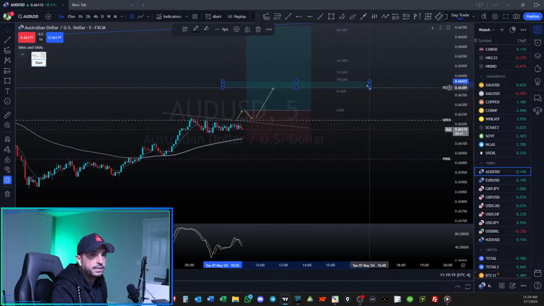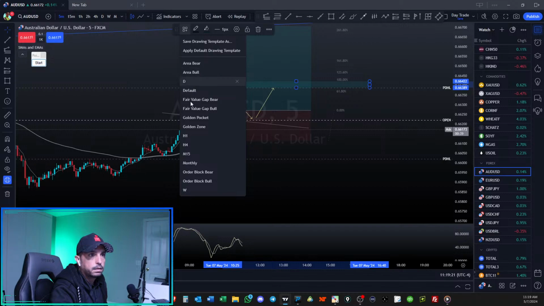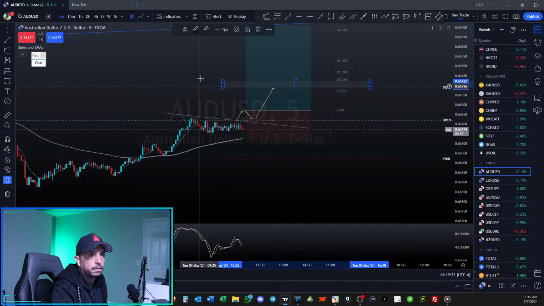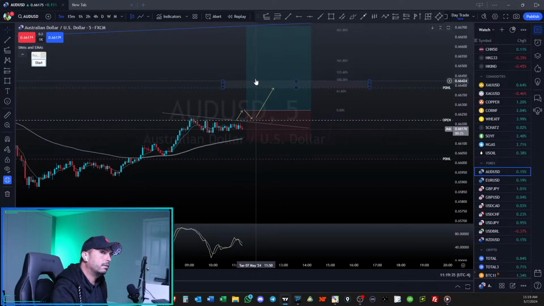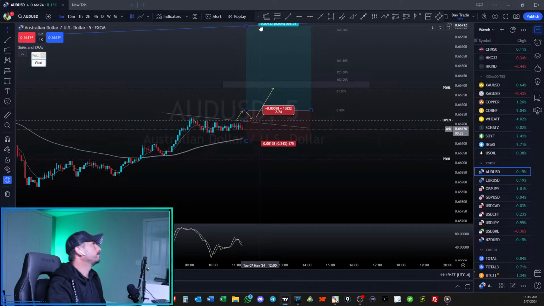When the price gets here, put it on a break even. If you enter somewhere in here, price goes up to here, break even, and then you can wait for the final target.